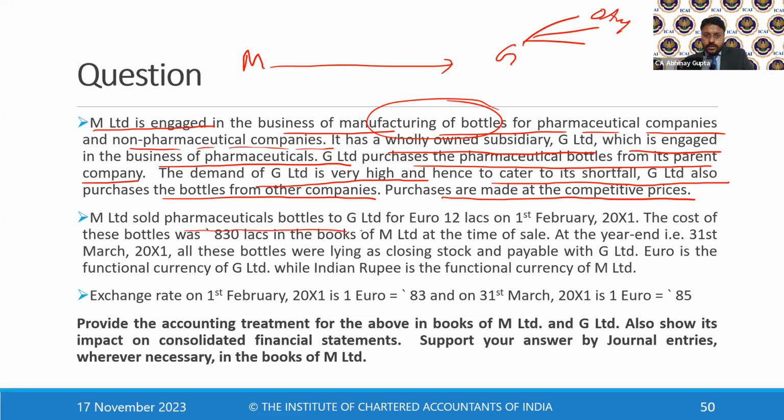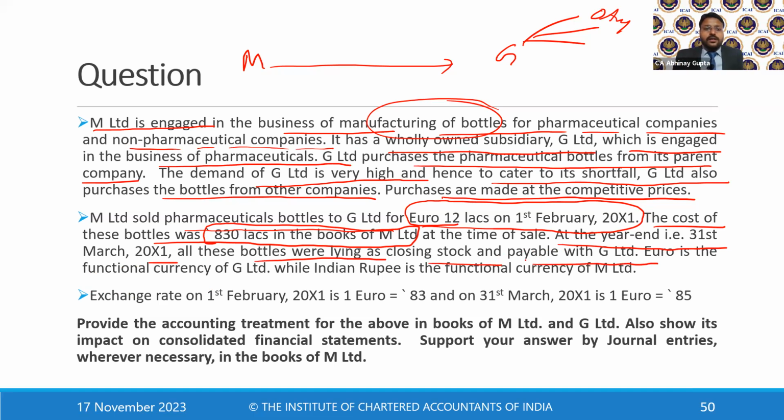M Limited sold pharmaceutical bottles to G Limited for euros 12 lakhs on 1st of February 2001. The cost of these bottles was 830 lakhs in the books of M Limited, at the time of sale. At the year end, 31st March 2001, all these bottles were lying as closing stock and payable with G Limited, right?